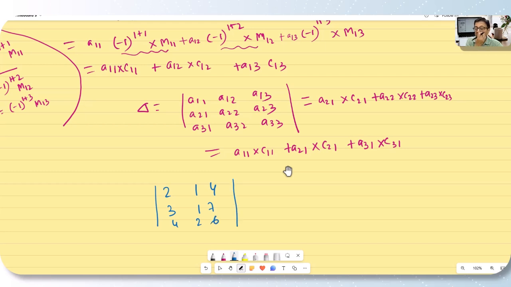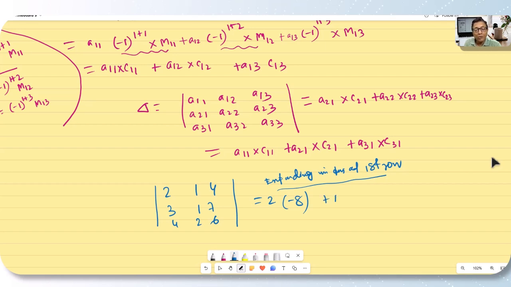We find its value by expanding in terms of the first row. It will be 2 into the cofactor, which is 6 minus 14, minus 8, because minus 1 to the power this will be positive.